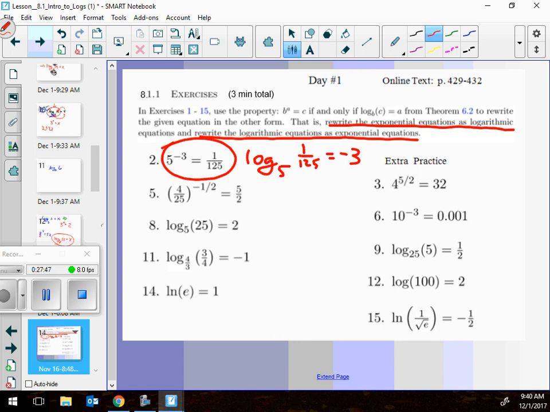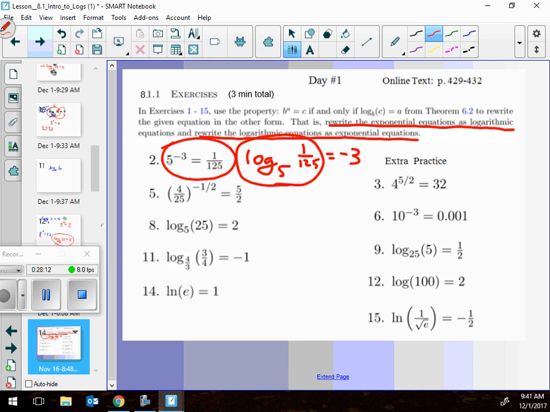Now, if you were to actually use a calculator, you could verify, and I'm not asking you to do that, but you could, that log base 5 of 1 over 125 is -3. Now, later you'll understand why it's -3. But right now, all I need you to be able to do is rewrite that.